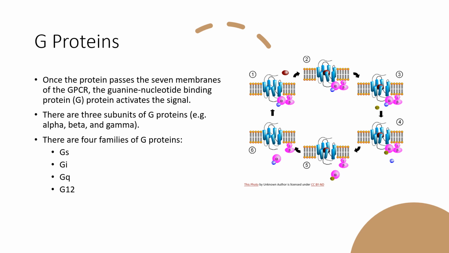Then the cycle continues where the alpha subunit catalyzes the dephosphorylation of GTP back to GDP, where the alpha subunit reassociates with beta and gamma and the G protein is in its inactive state, as seen in step 6 and going back to step 1. So this is a cycle of activation and inactivation between GDP and GTP.